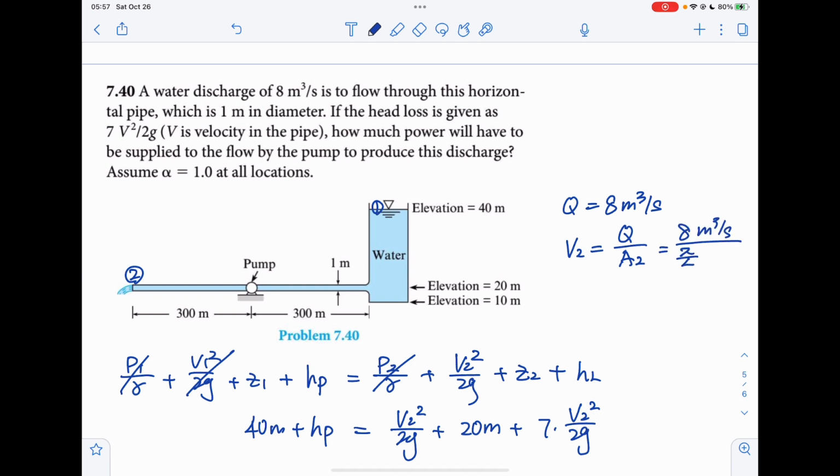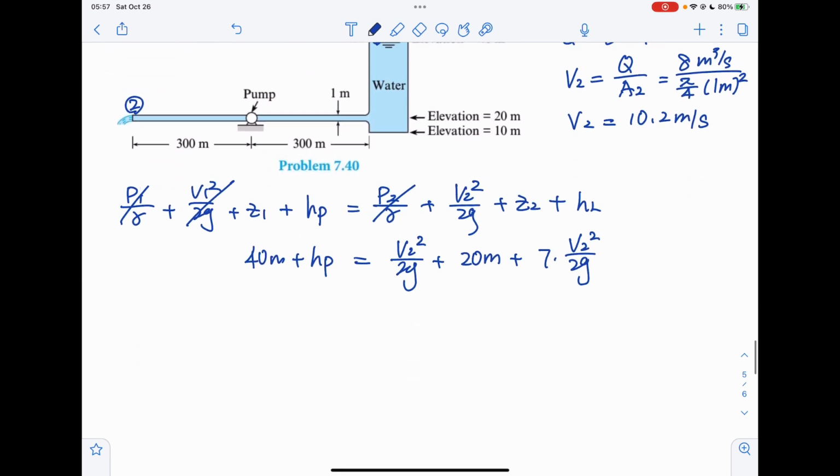A2 is pi over 4 times the diameter squared, where the diameter is 1 meter. So V2 equals 10.2 meters per second.